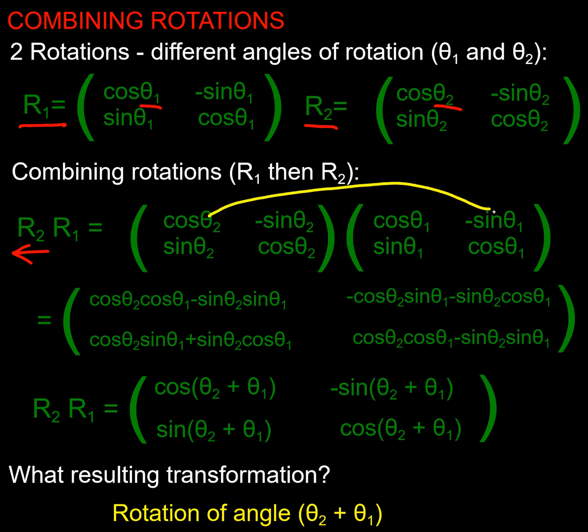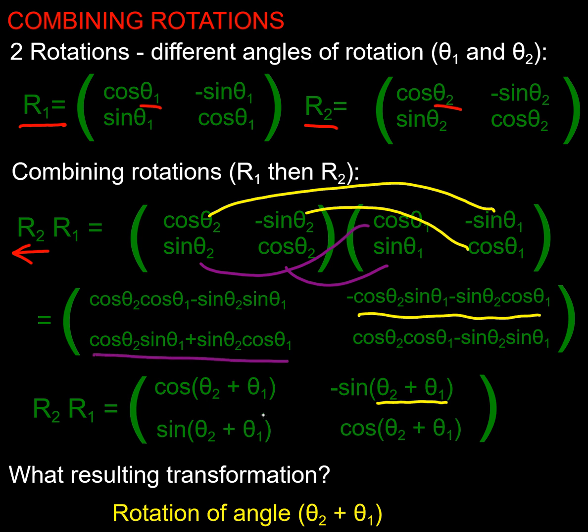I'm going to get a cos times a sine, that's negative. I've got a sine times a cos, that's negative. So both of these are negatives, aren't they? And if I took the negative out the front, you would know that sine cos plus cos sine is the sine of the addition of those two. And if you think about the bottom left, I'm getting a sine times a cos, and I'm getting a cos times a sine. This time they're both positive. So these are exactly the same expressions, except one's negative and one's positive.